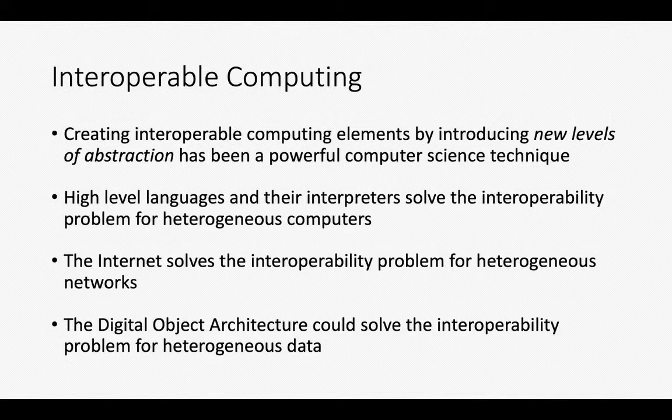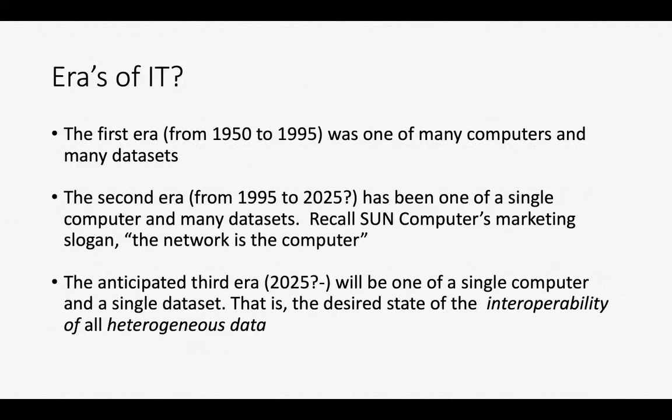So in a very fanciful way, and this is with some work done by George Strawn at the National Academies, you can kind of draw a picture to what may be seen in the future as the eras of IT. And again, this is kind of a fanciful look at things. In the first era, which was from the inception of computing to about 1995, you basically had many computers and many data sets all being separate, not being able to interact with each other.